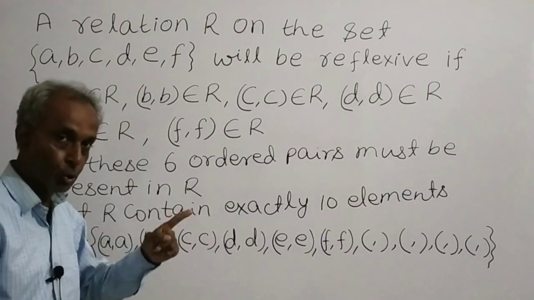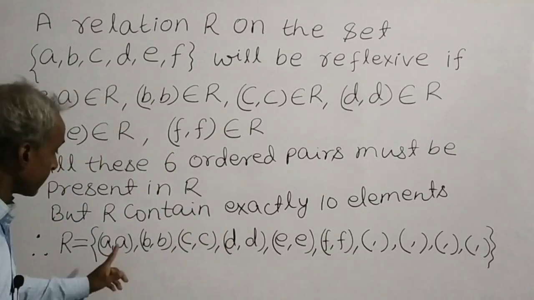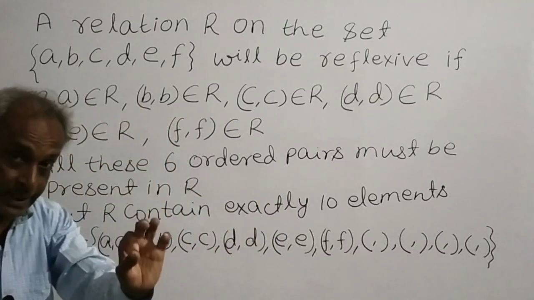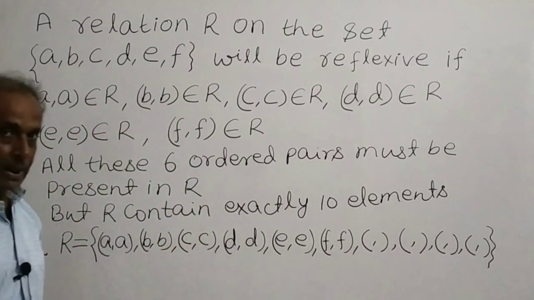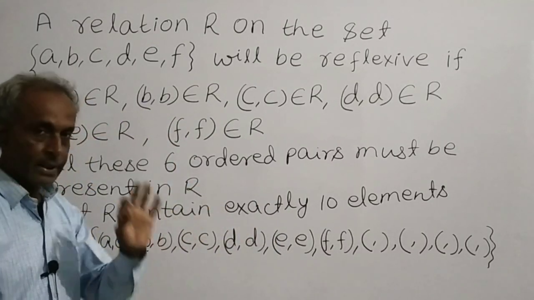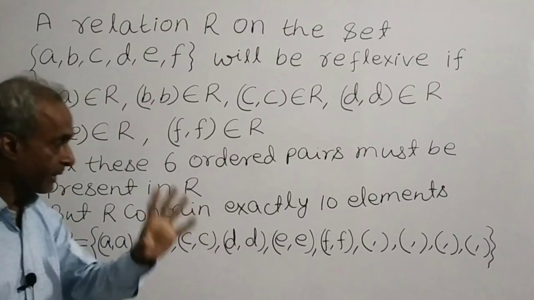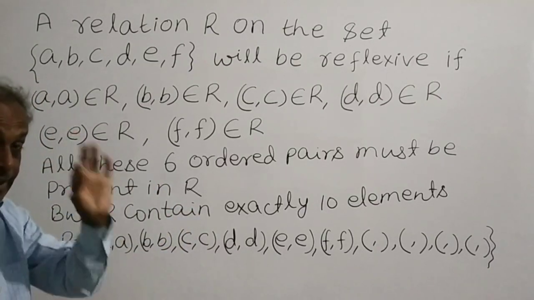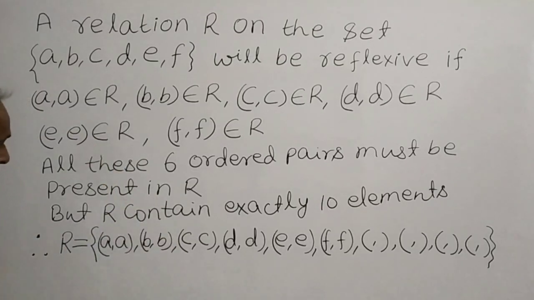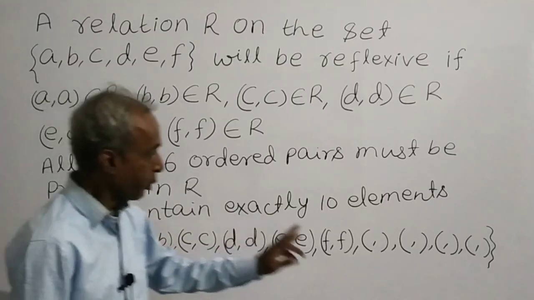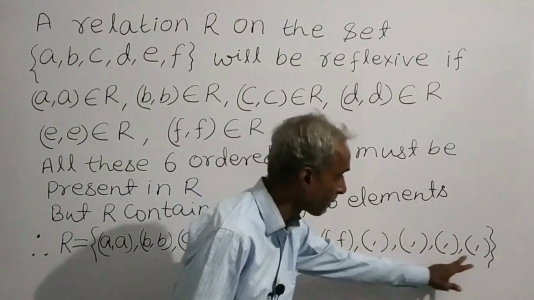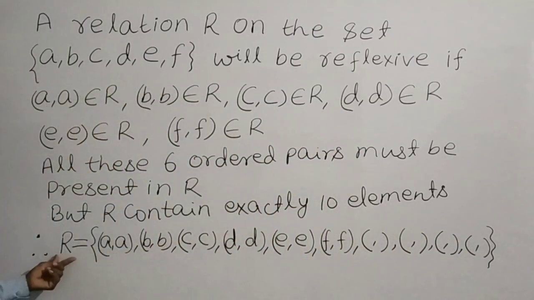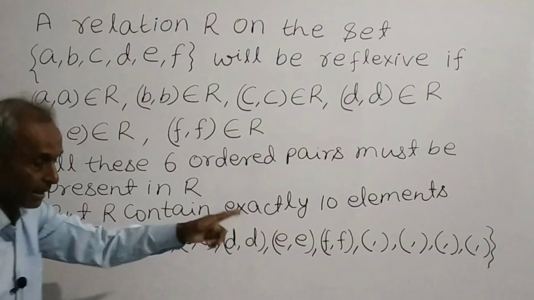Therefore, for R to be reflexive, these six ordered pairs must be present in R. But in this question, it is said that R contains exactly 10 elements. That means 4 more ordered pairs are present in this relation R.